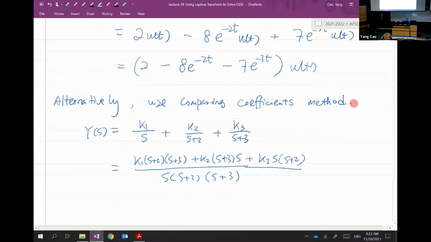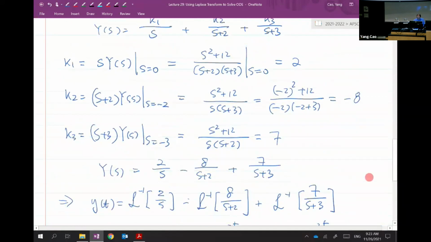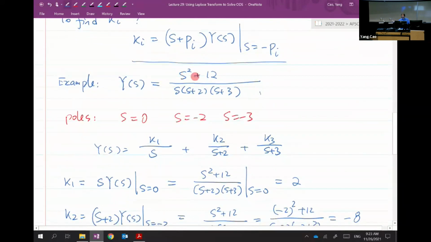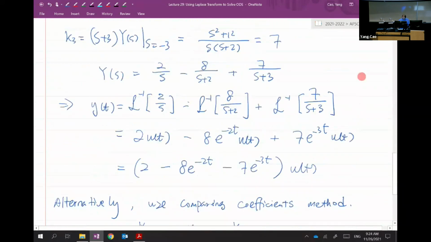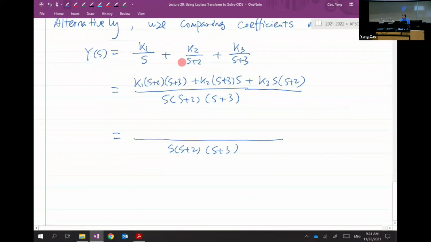And then you don't have to worry about the denominator, because the denominator is the same as your original denominator. But the numerator, you want it to be the same as your original numerator, s squared plus 12. So what's my updated numerator based on k1, k2, k3?